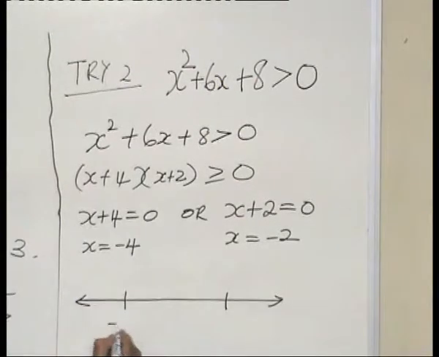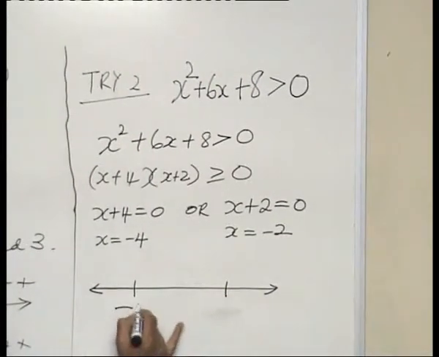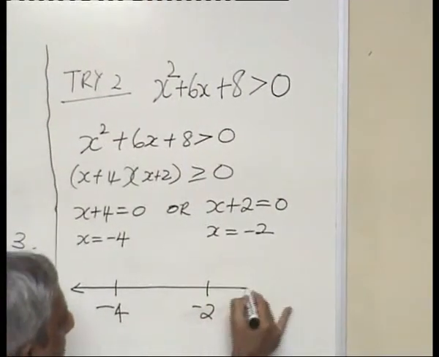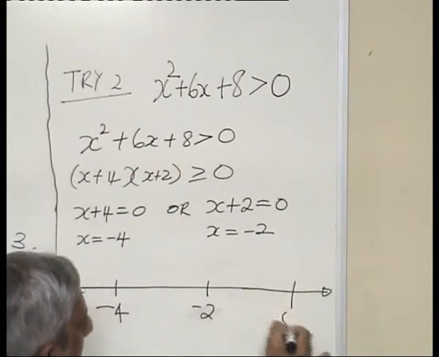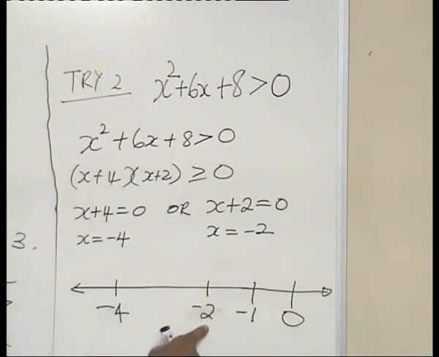So minus 2 will come first, and then will come, wrong. Minus 4 will be here, and minus 2. You see 0, alright, let's make it easier for you. 0 is here, isn't it? Minus 1 is here. Then will come minus 2. Then will come minus 3. Then will come minus 4.